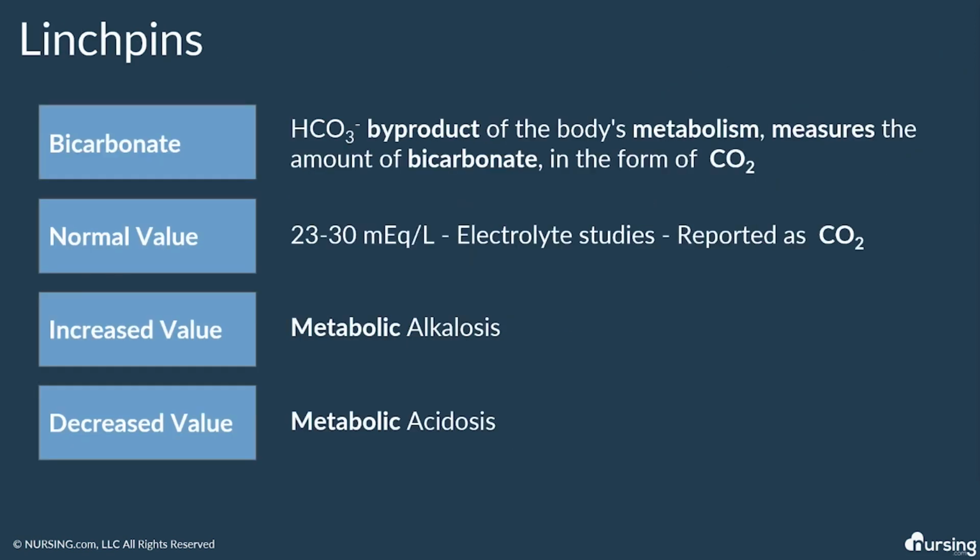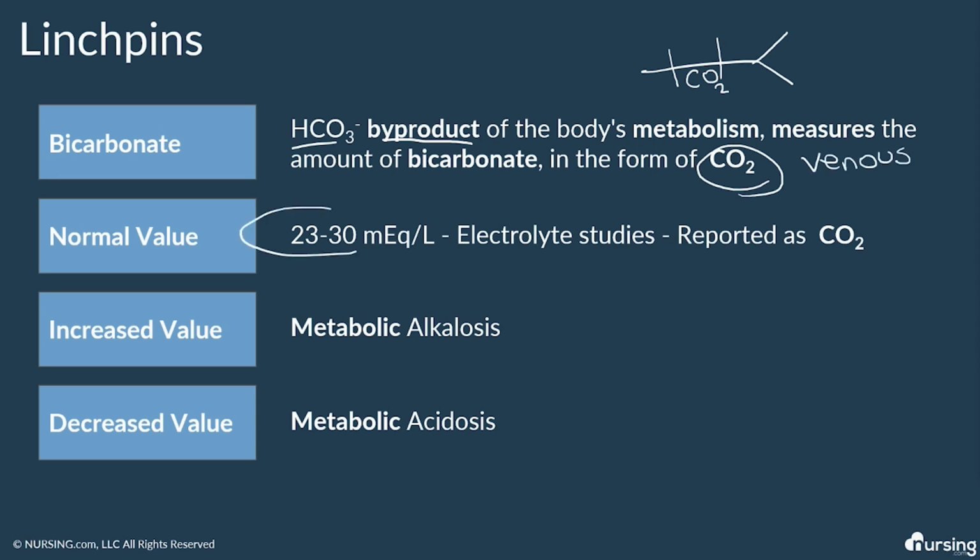The linchpins for this lesson are that the HCO3 or bicarb is a byproduct of the body's metabolism. This lab value, as part of electrolyte studies, I'll draw the skeleton again, evaluates for CO2. That's how it's reported. They're one and the same when it's a venous draw.